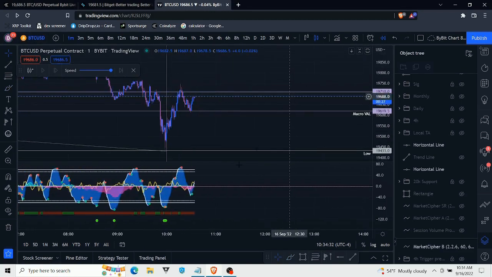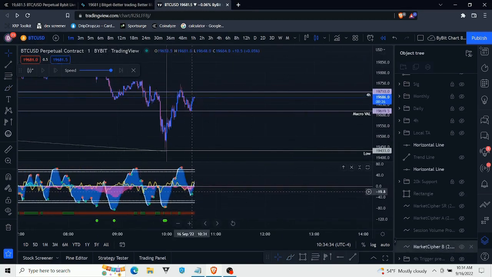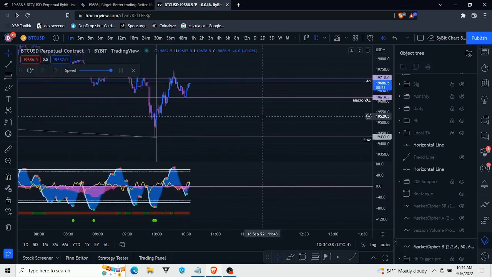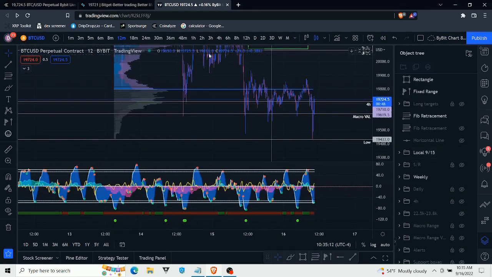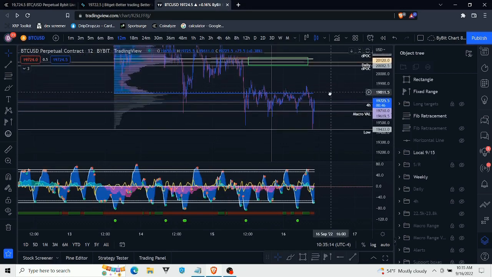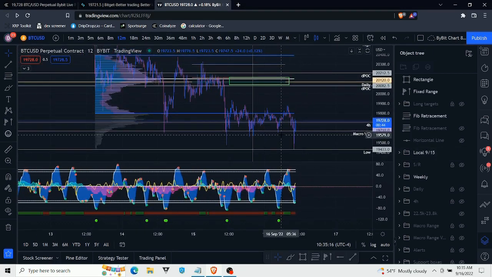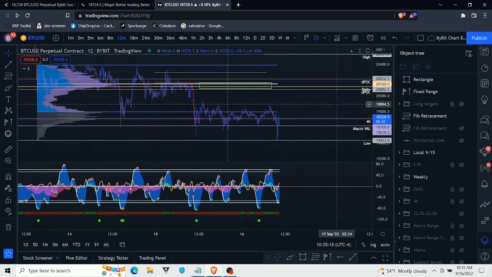And as we came down to this level, I saw money flow on the low time frames increasing. Bullish divergence crossed a lot of the time frames. And so that was just one trade that I was able to take using these local levels.